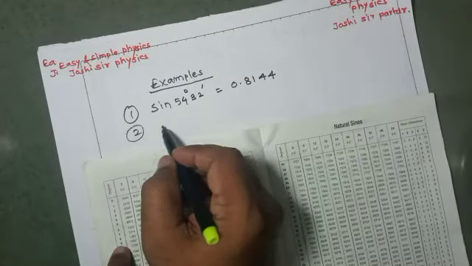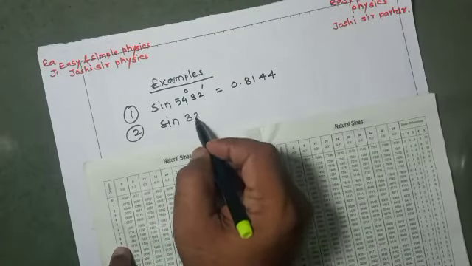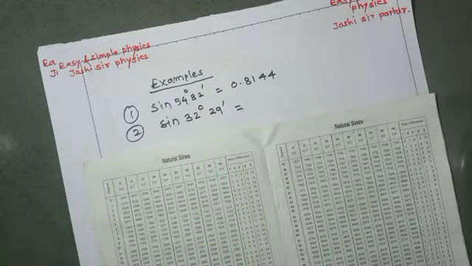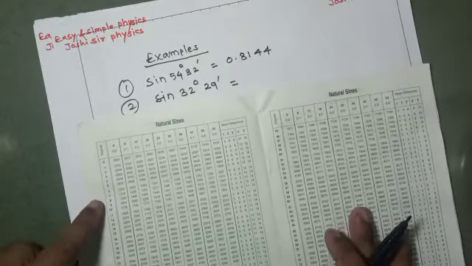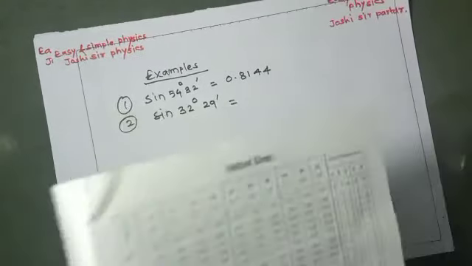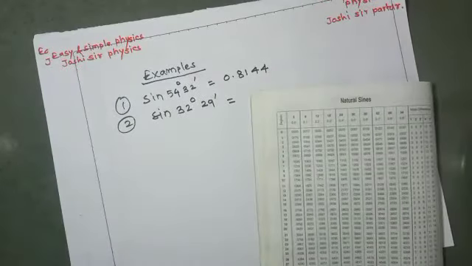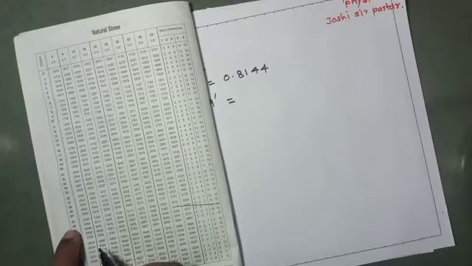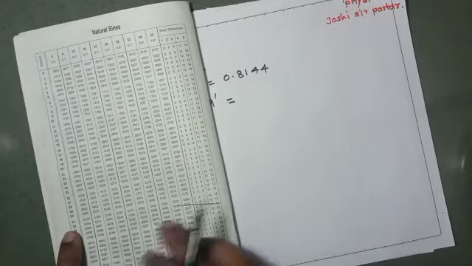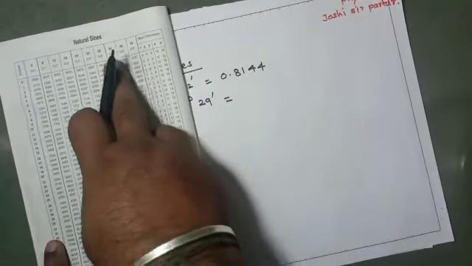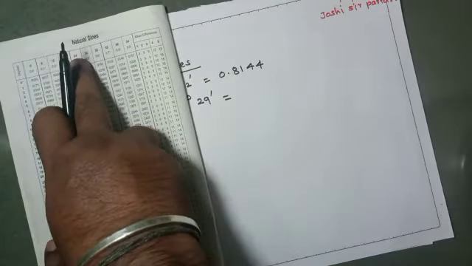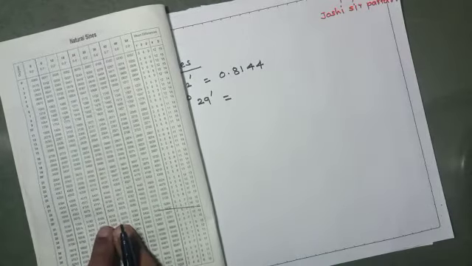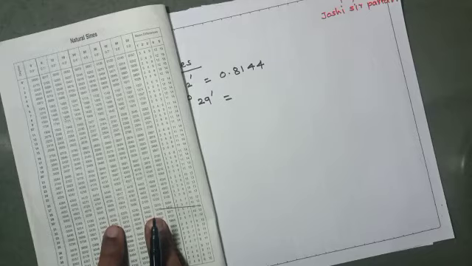If another angle is sine of 32 degree 29 minutes, what happens? So we see that sine 32 degree is here, okay, and for 29 minutes here we can have 30, we can have 24, so 24 minutes of sine 32 degree will be 0.5358.